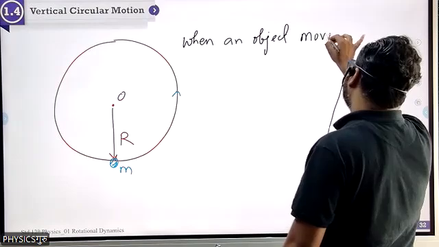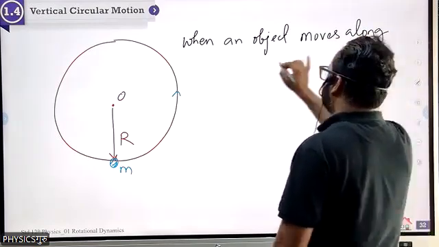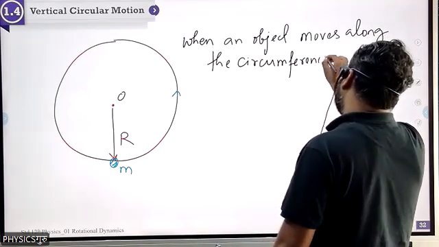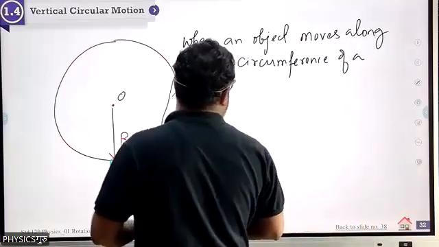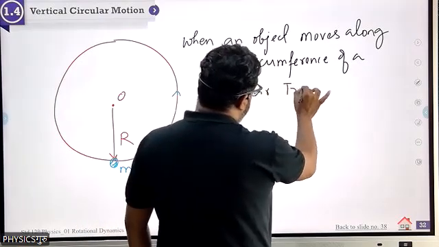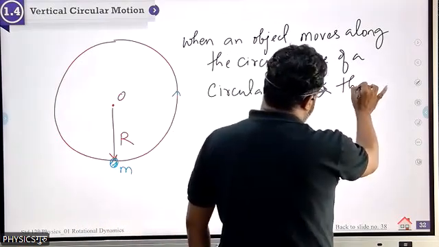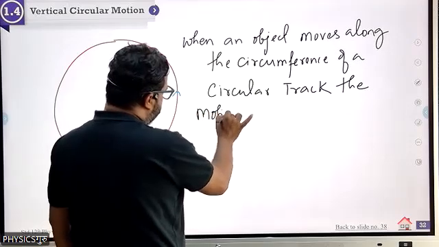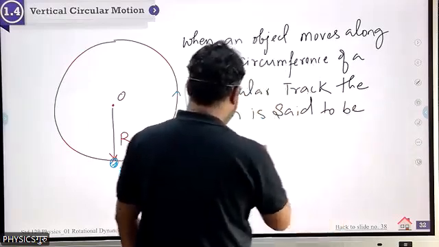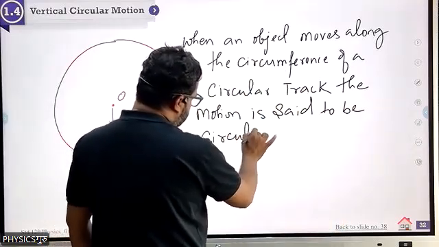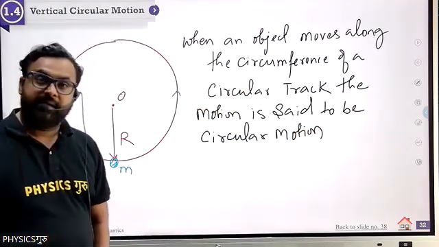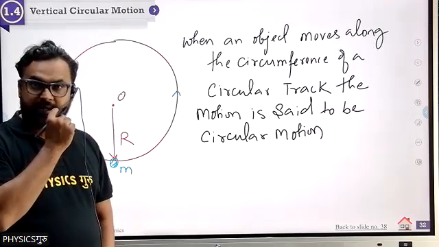So when an object moves along the circumference of a circular track, the motion is said to be circular motion. Clear?